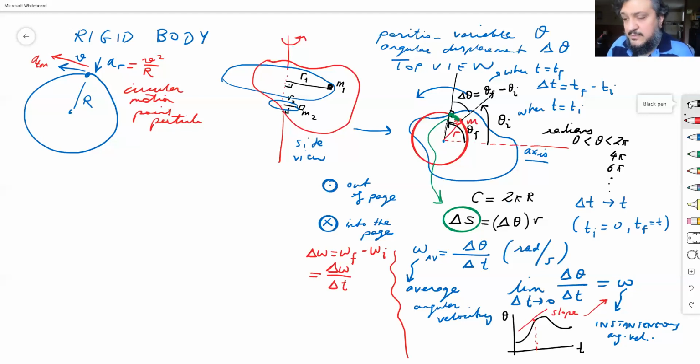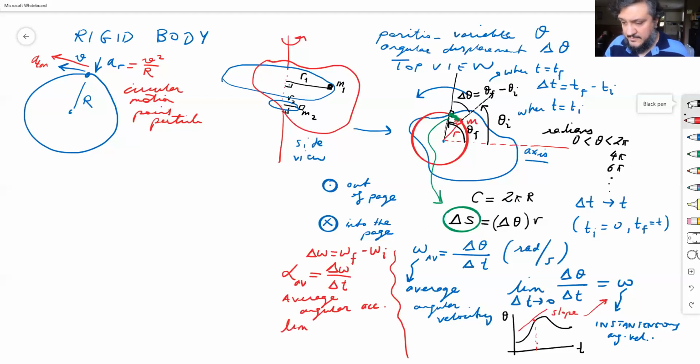This will be called average angular acceleration. The letter alpha is used. And then the limiting idea applies to this as well.